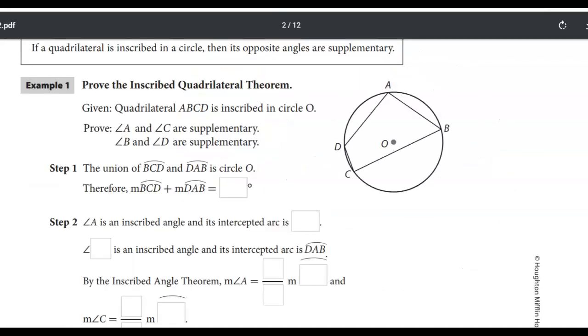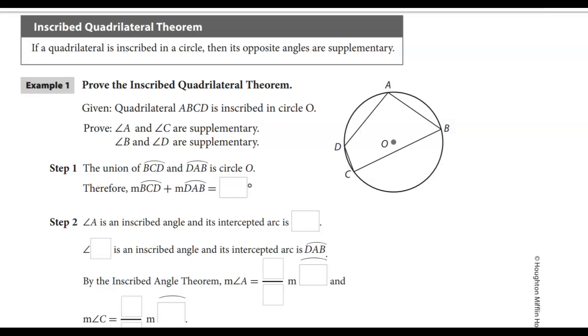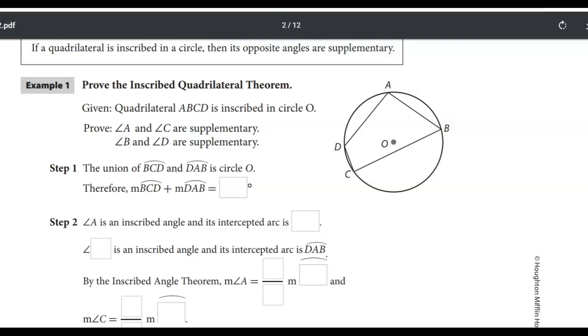Okay, so if we're doing some math on these, we can look and see. Let me scroll up. Here's the theorem right there. If a quadrilateral is inscribed, then its opposite angles are supplementary. That's the theorem we just went over. Okay.